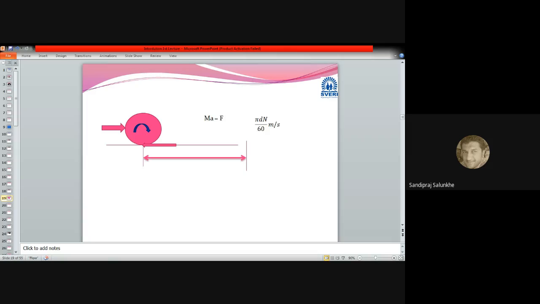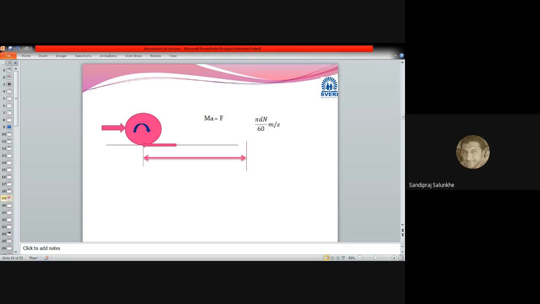Anybody else? Somebody can give an example of a sewing machine.